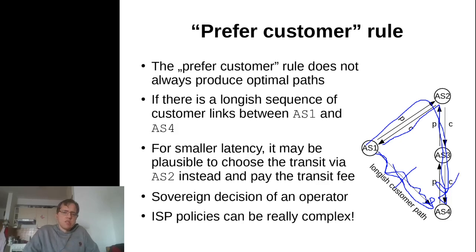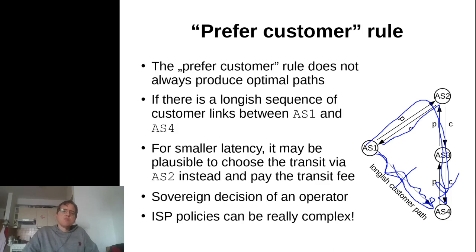So this is just to demonstrate that the prefer customer rule is not an exact formal rule that is adhered to by all the ASes that make up the internet. In particular special cases, ISP policies might differ from what the preferred customer rule would provide, and because what path is actually chosen from the set of valley-free paths that are available to a particular AS is the sovereign decision of an operator to decide.